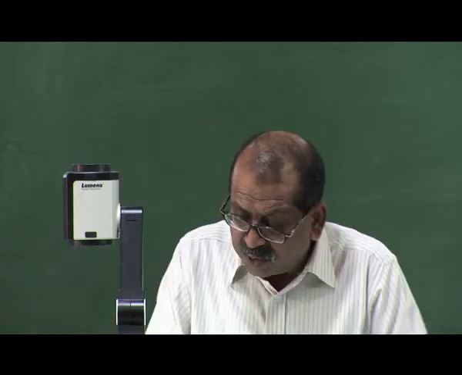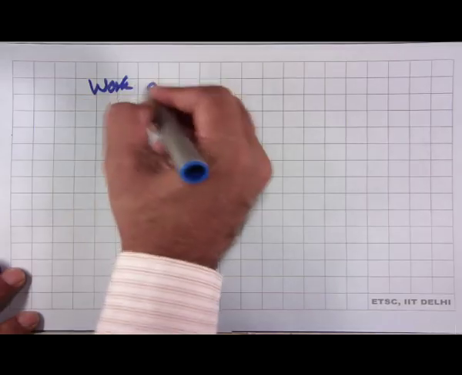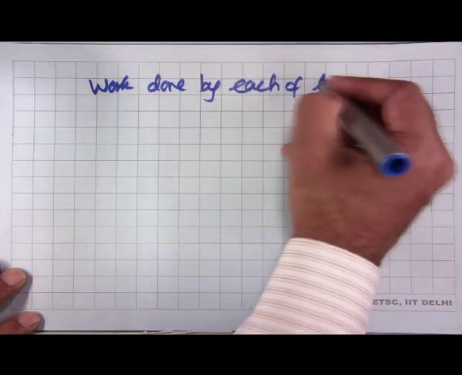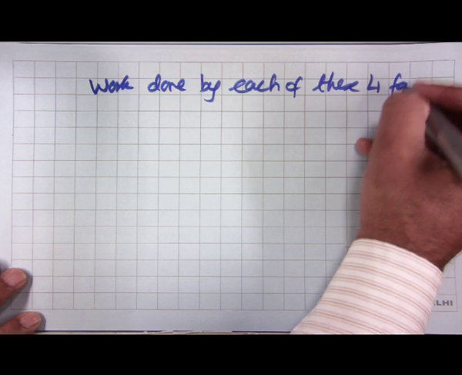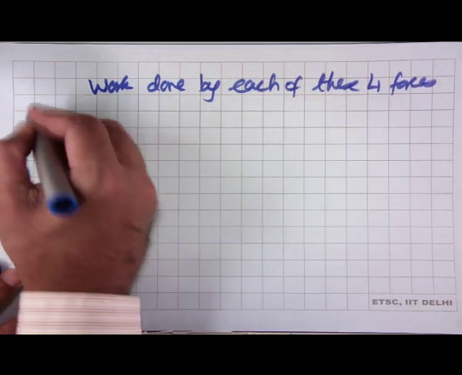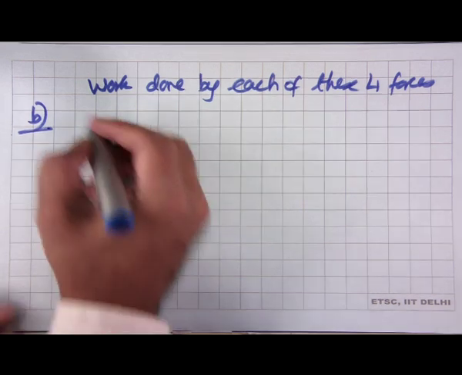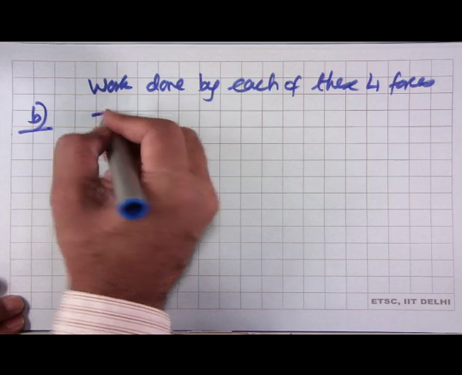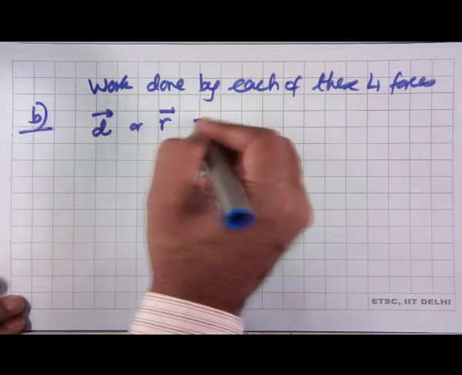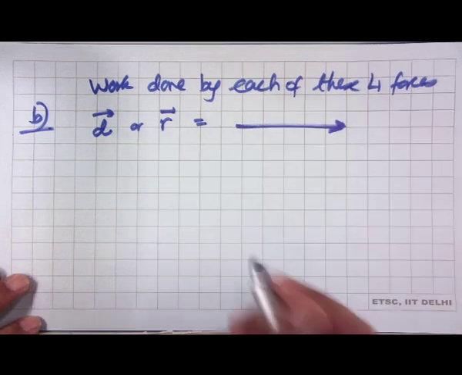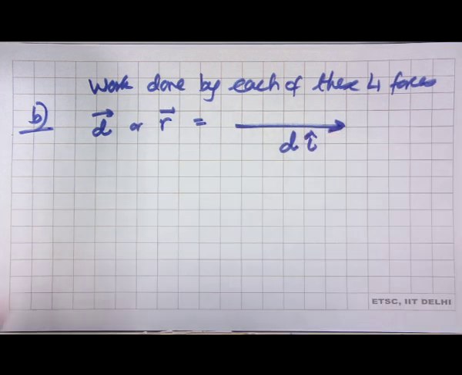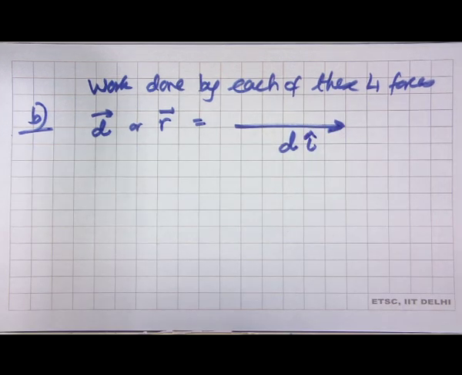Part B is we have to find the work done by each of these 4 forces. Now, what we realize is the displacement of the block, r vector, if we write this, is in the x direction, this is equal to d times i, it is d distance in the x direction.